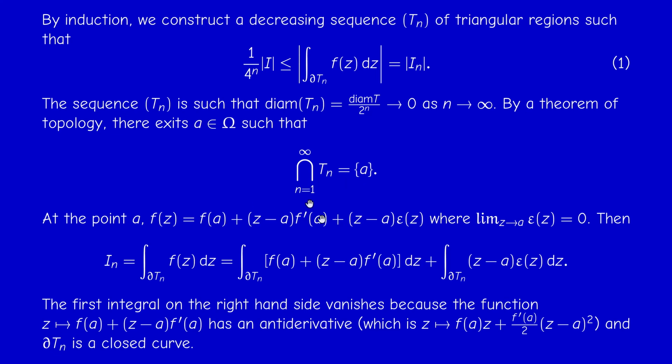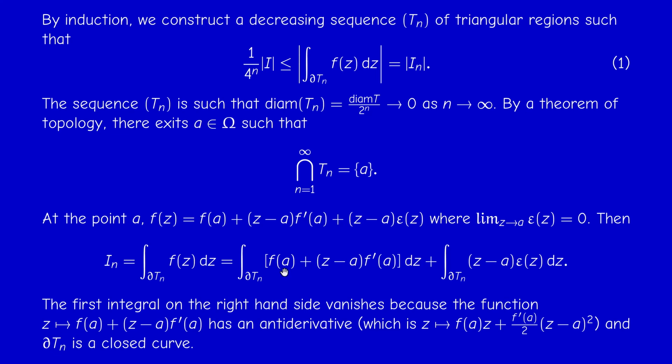Okay, and now we integrate that. So the integral over the boundary of the nth triangle. So we get the integral over the linear part plus the integral of this mysterious quantity that we don't know exactly what it is. Okay, it's a ratio here, but we cannot compute it explicitly. Now, if you look at the first integral here, this is just a first order polynomial in z, right? So it has an antiderivative.